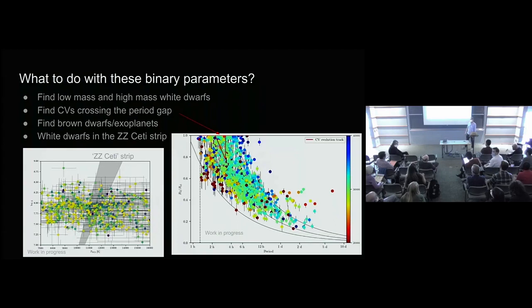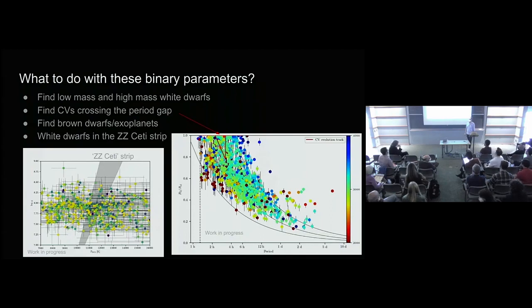It's also a great area because they could be helium or carbon-oxygen core, depending on the evolutionary path. They should be binaries, but some of them won't. So there are a lot of possibilities to form those stars, and one way to figure that out is by using asteroseismology.